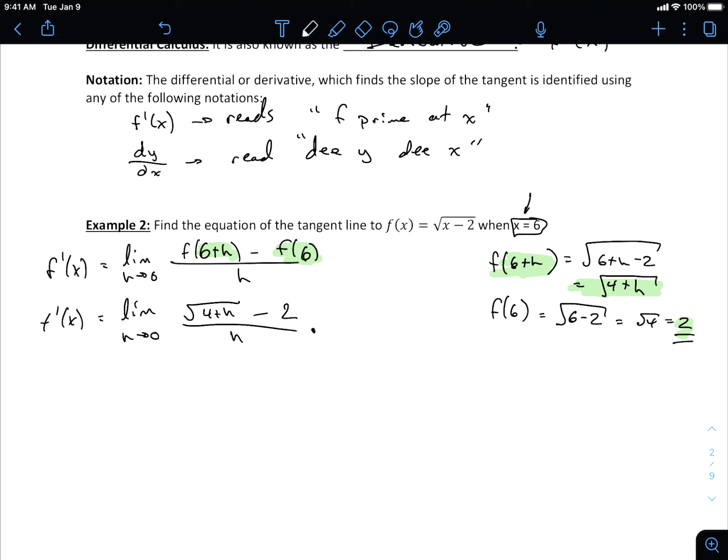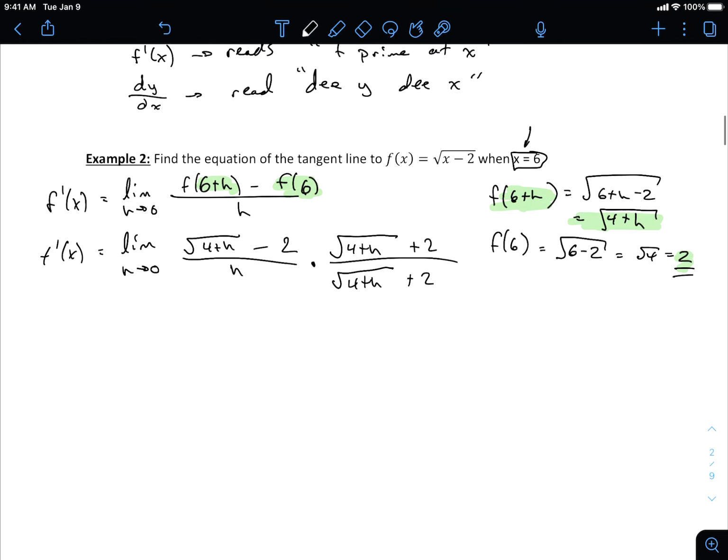Two-term rationalization. We're going to multiply by the square root of 4 plus h, plus 2, and then I have to put it over the same thing in order to get it to equal 1, so that I haven't changed anything. As I'm doing this, make sure you are writing the limit all the way down until you get to your final answer.